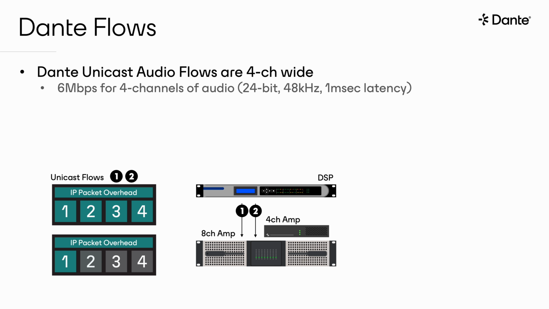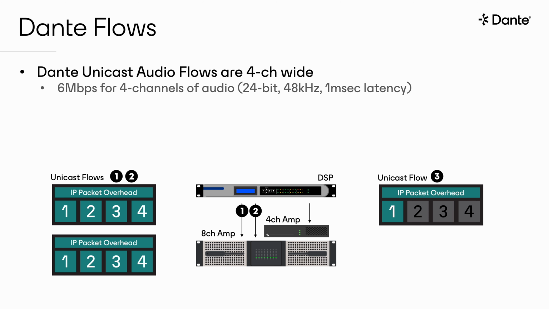Once I reach the 5th channel, the first flow is full, and a second 4-channel flow is created. If I keep adding channels, the new flows fill up too. When I transmit to the second amplifier, I have to create another flow. Creating my first subscription establishes a 4-channel flow, with the first channel populated and the rest blank. As I add more subscriptions, they fill the unused slots in that flow.